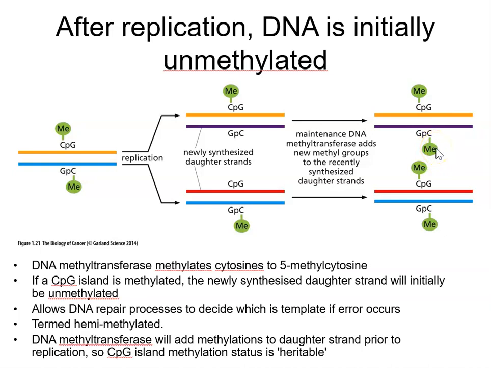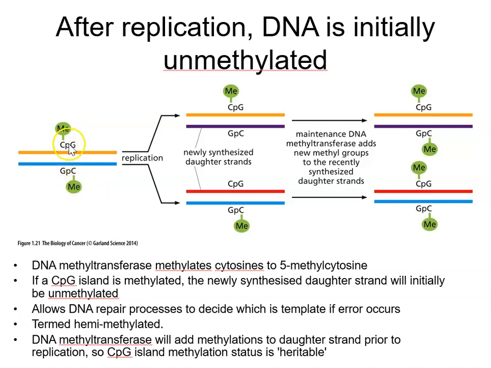So it means that under DNA replication the methylation patterns can be maintained, whereas if this was just a CT dinucleotide sequence, there would be no certainty that there would be methylation available here.